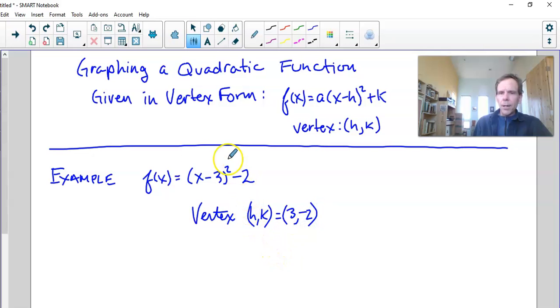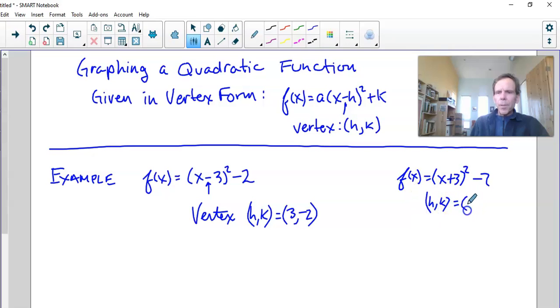It's a little tricky here. Notice that there's a minus in there. You might think, oh, the h is negative. No, when there's a minus there, the number after the minus is the h. So for example, if we had f(x) = (x + 3)^2 - 2, believe it or not, the (h, k) would be (-3, -2).